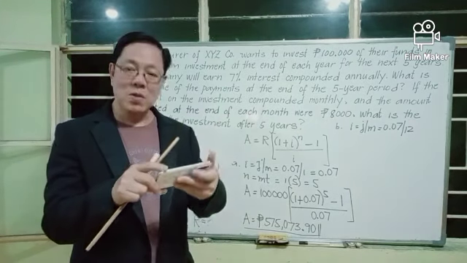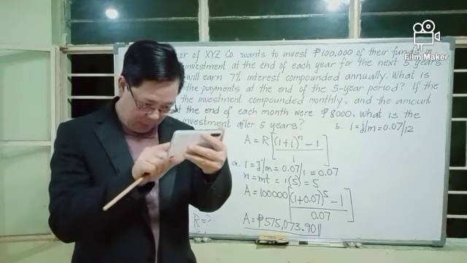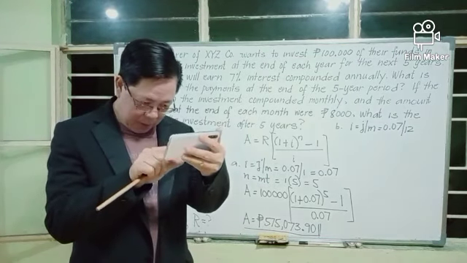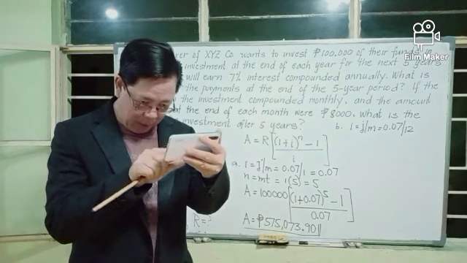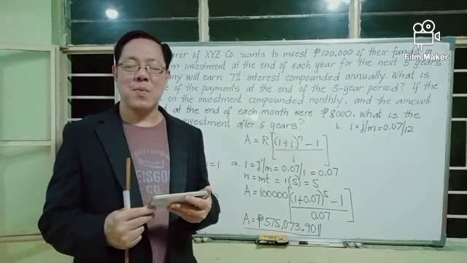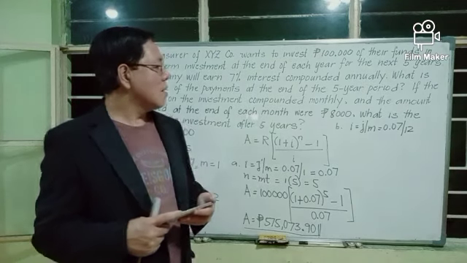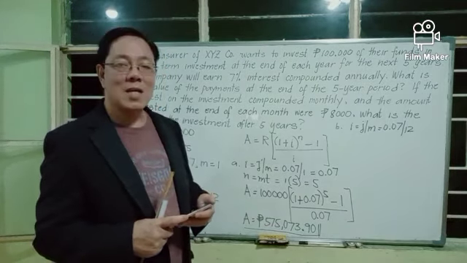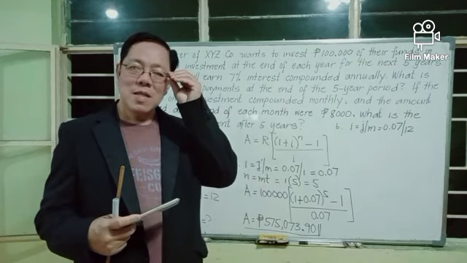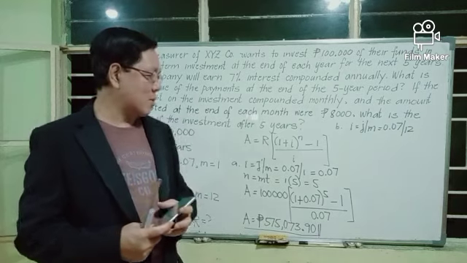But suppose we divide 0.07 divided by 12, you should get 0.0058 and non-terminating 3. So this is a non-terminating decimal number. We leave it as is, 0.07 divided by 12.